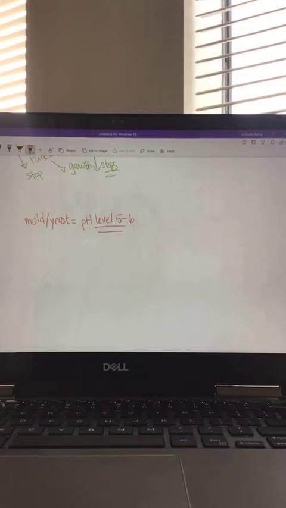So between that range, they are able to survive.